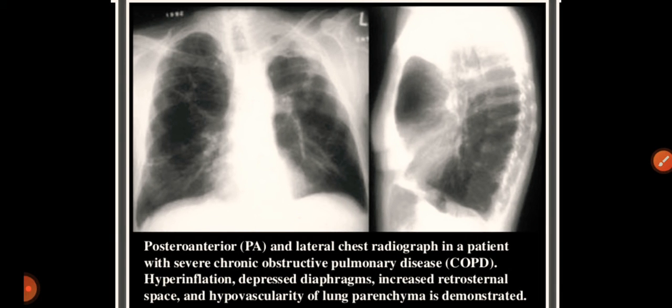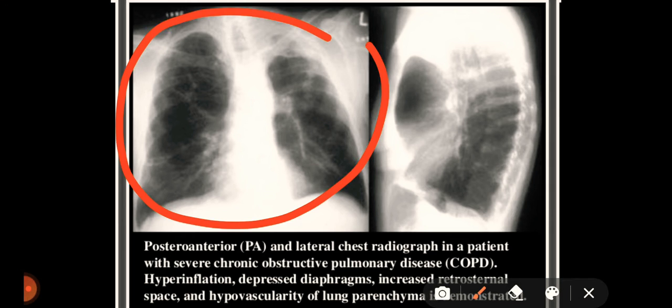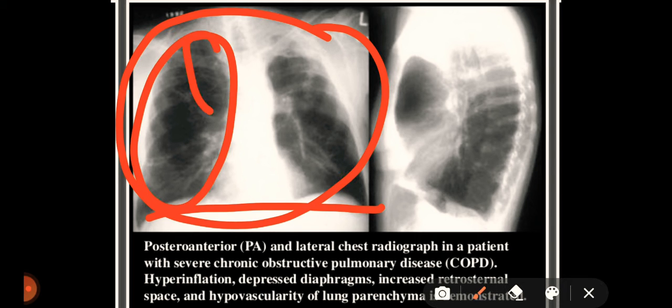Here is the chest X-ray showing the posteroanterior view as well as the lateral chest view. In the posteroanterior view, you can appreciate the hyperinflated lungs as well as the depressed diaphragm and hypovascularity of the lung parenchyma.